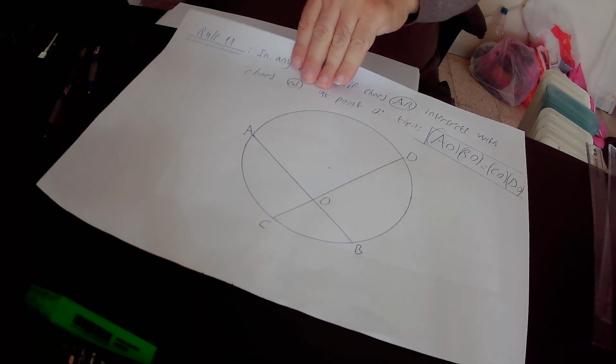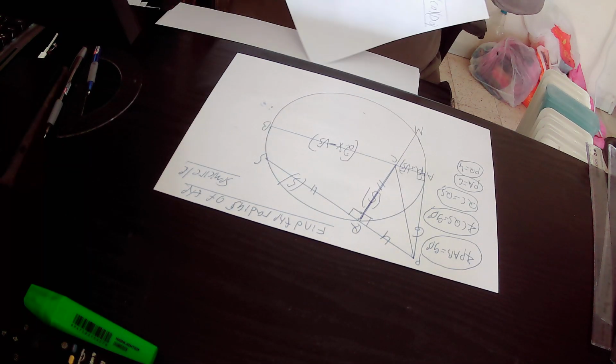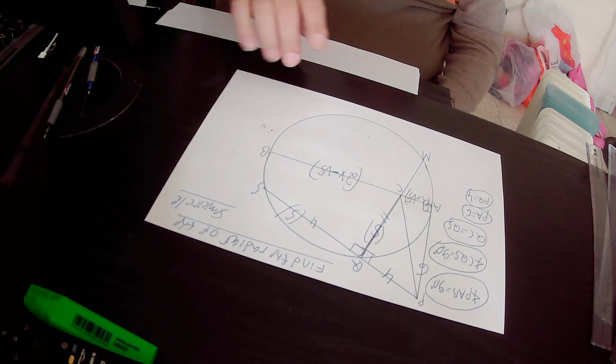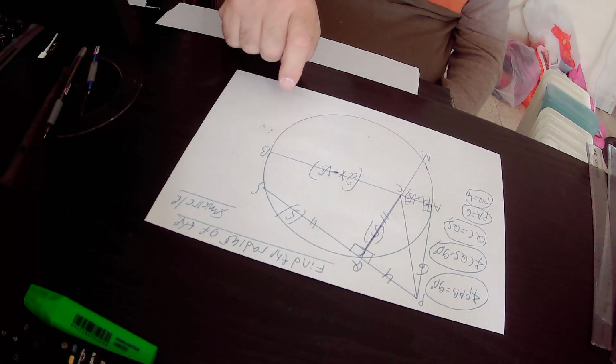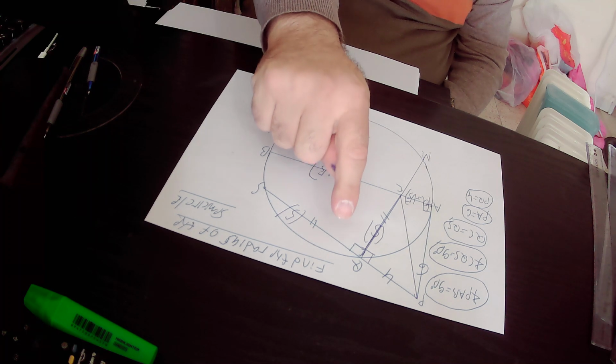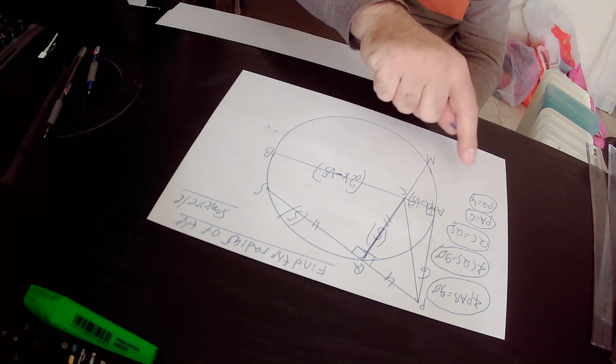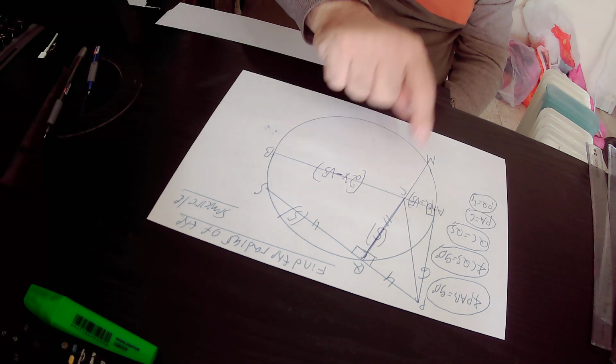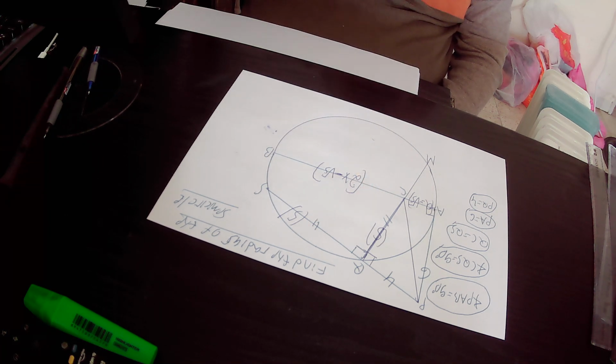So we can actually implement rule number 11 in our drawing. Why? Because in our drawing we have chord AB that intersects with chord QM at point C. Point C is the intersection point between the two chords. Therefore, we can implement here rule number 11.